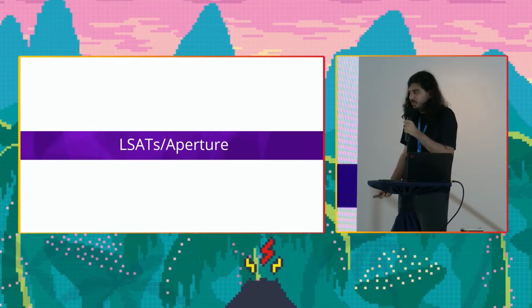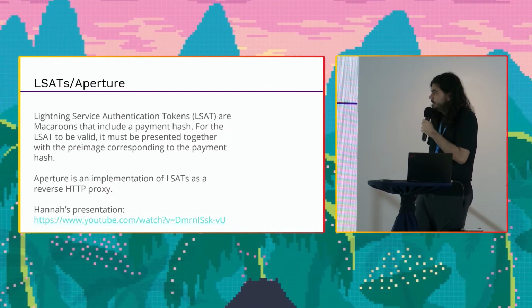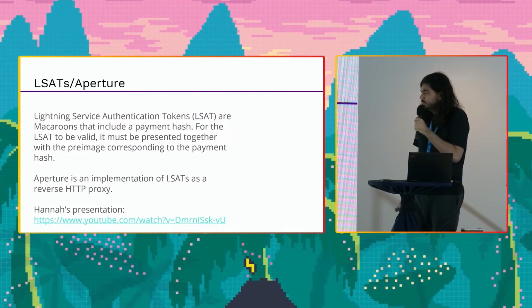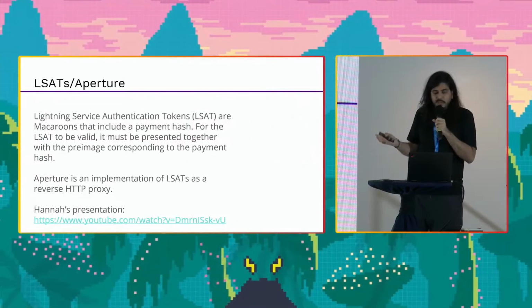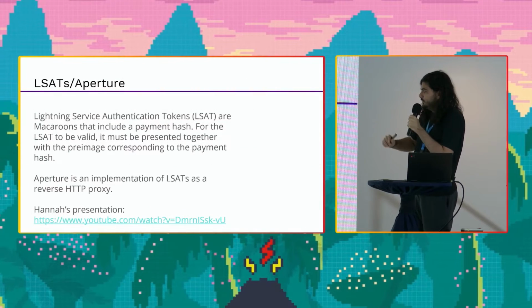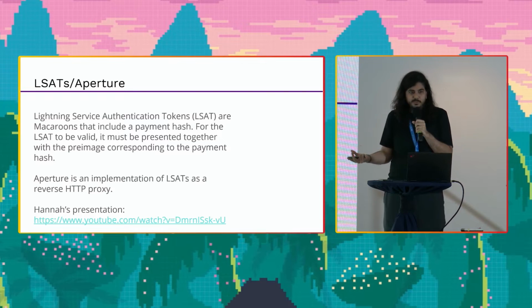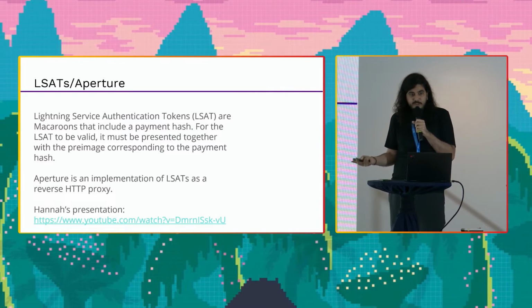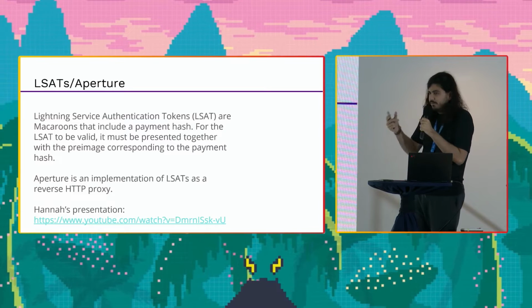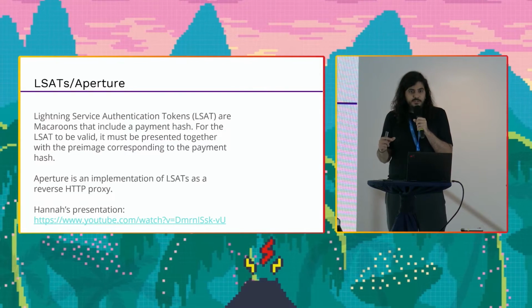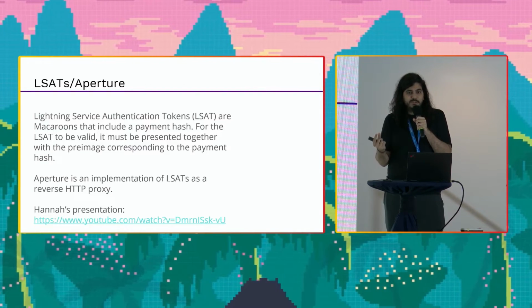So what is LSATs? LSATs, or Lightning Service Authentication Tokens, are basically macaroons, and macaroons are like cookies with identity. These macaroons are combined with a payment, with a pre-image, so you can have an authentication that you can use in applications and websites.